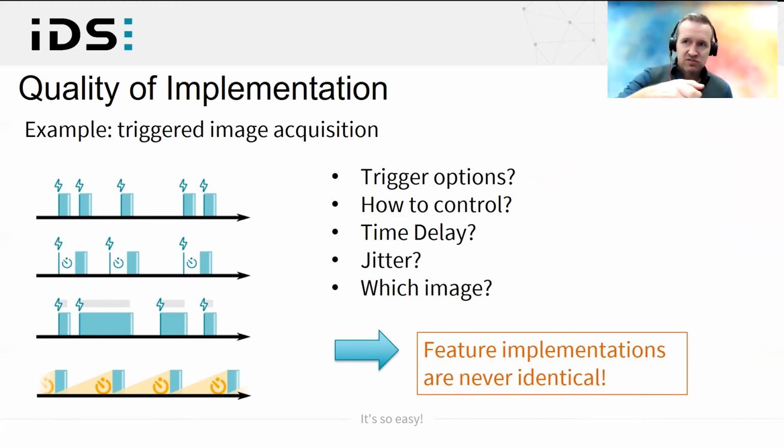Cyclic, delayed, triggered exposure time, counted image sequence with fixed frame rate, and how can you control them? Is the desired image always captured safely? Or is there a jitter in the delay time? So you see functions from different manufacturers, and thus the cameras are never the same.